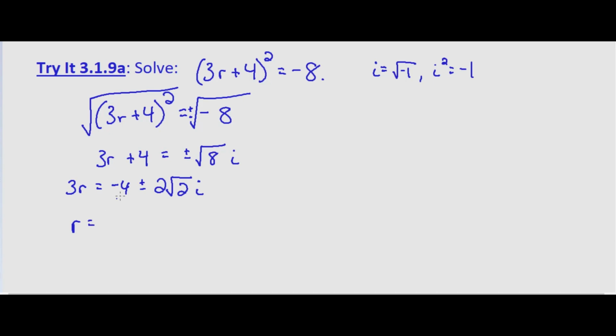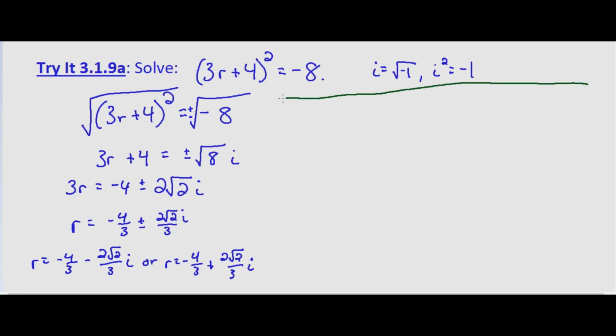We get r equals -4/3 plus or minus 2 times the square root of 2 times i, or 2 times the square root of 2 divided by 3 times i. You could leave the i in the numerator as well. So this means that r equals -4/3 minus 2 times the square root of 2 over 3i, or r equals -4/3 plus 2 times the square root of 2 over 3i.